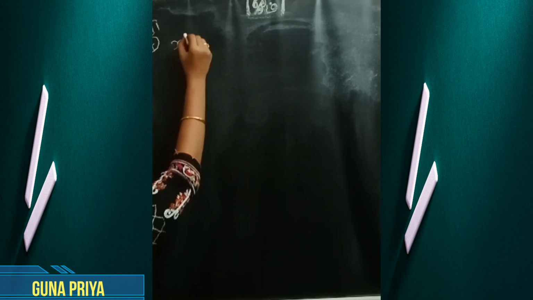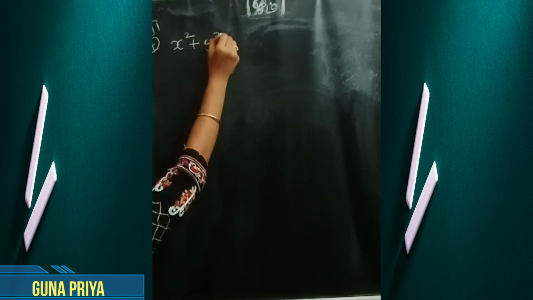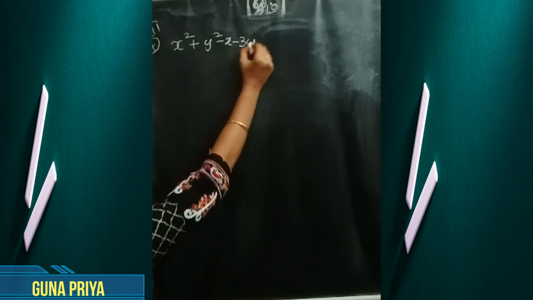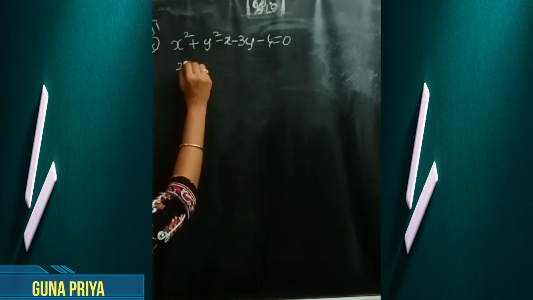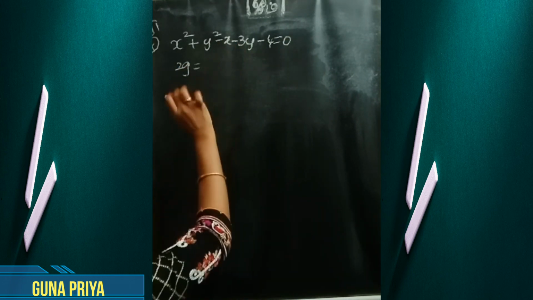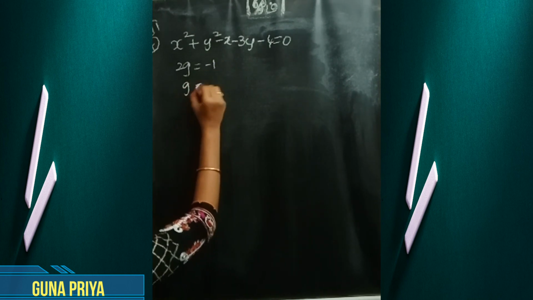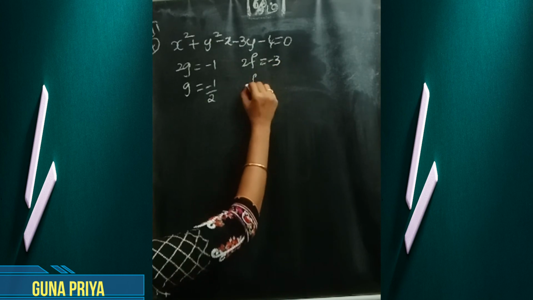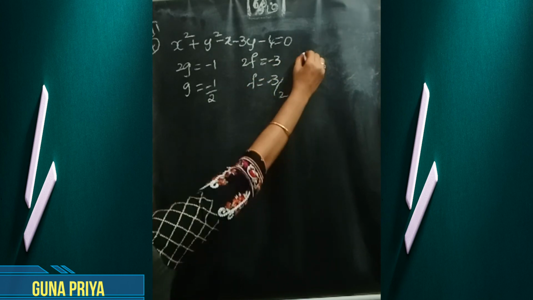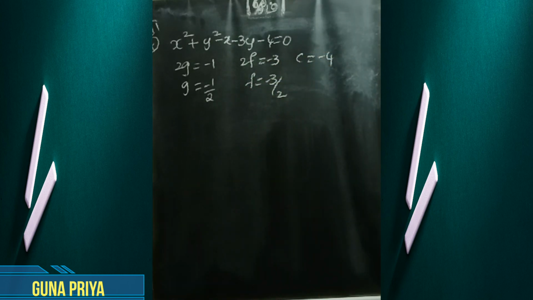First, we will write the circle equation. From this, now find the center. Minus 1 by 2, 2f equals minus 3, so f equals minus 3 by 2, and c equals minus 4.